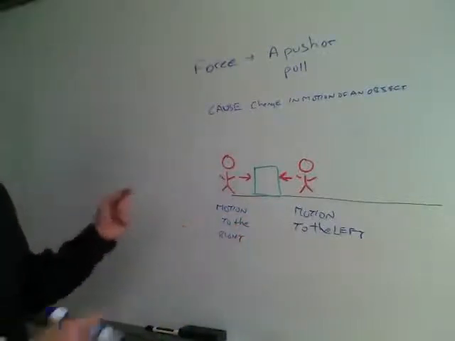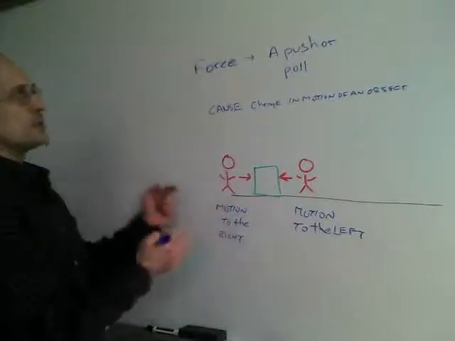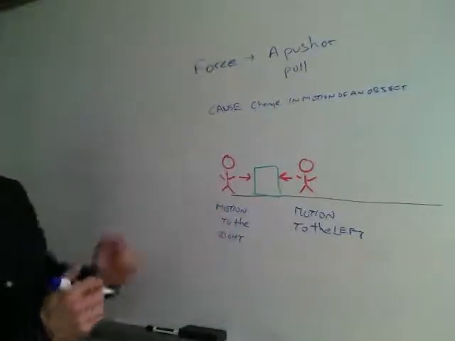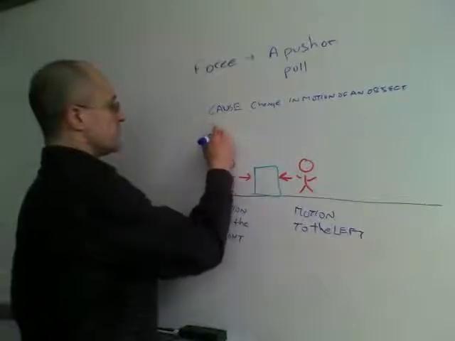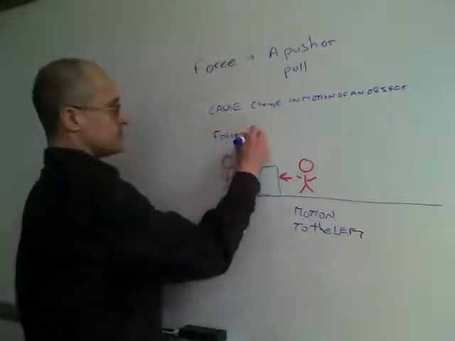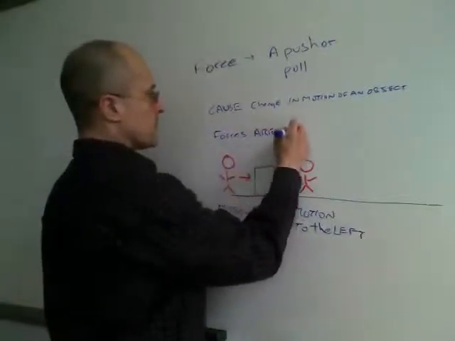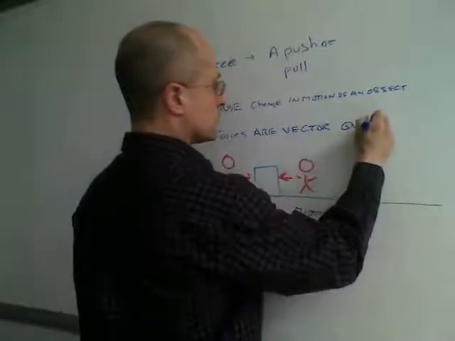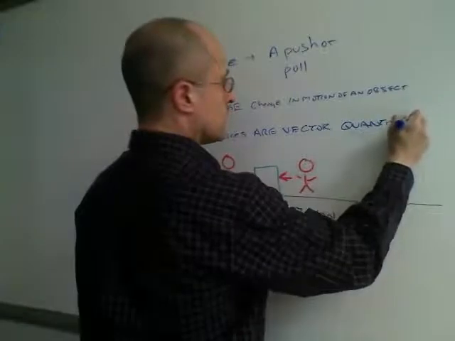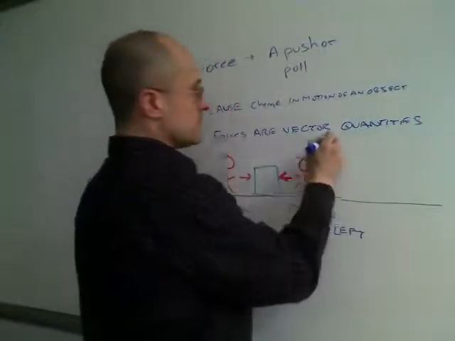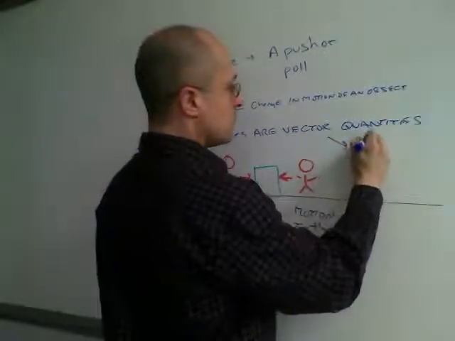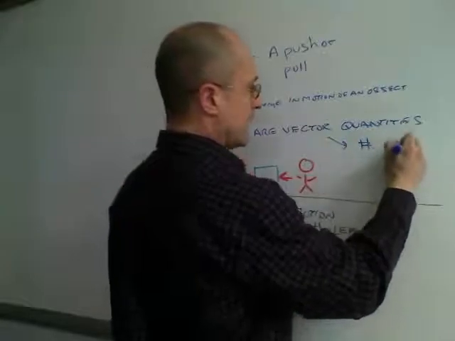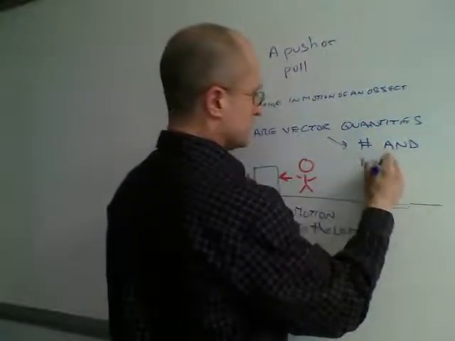So the idea is that a force is a push or a pull, but direction matters. So forces are vector quantities, because a vector is something that has a number and direction.